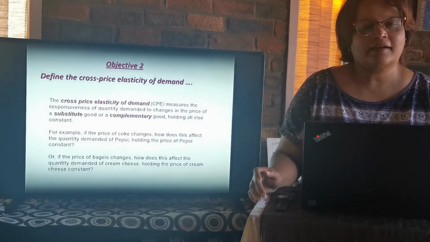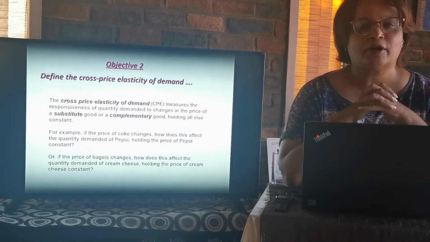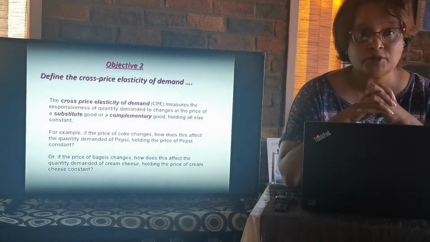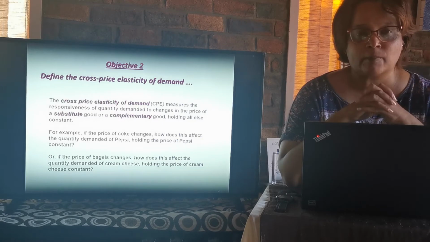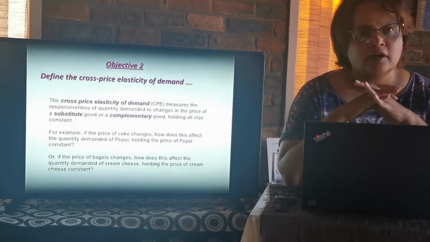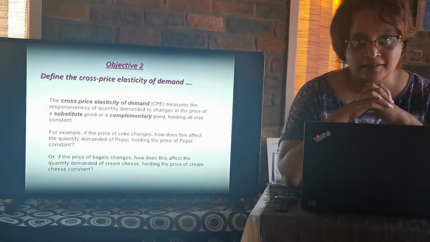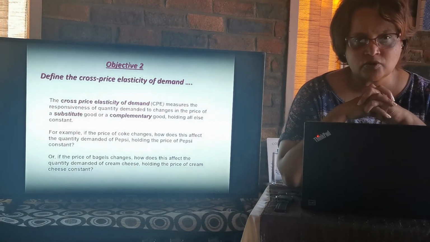Yes, welcome back, and this surely would be the last part of Module 2 because we are on the second objective, which reminds me that we are doing elasticity, and now we're doing the cross-price elasticity, and we're looking at substitute goods and complementary goods.